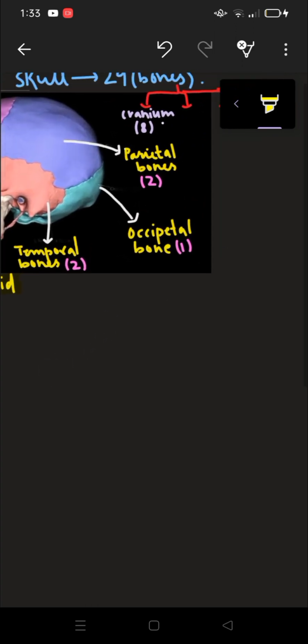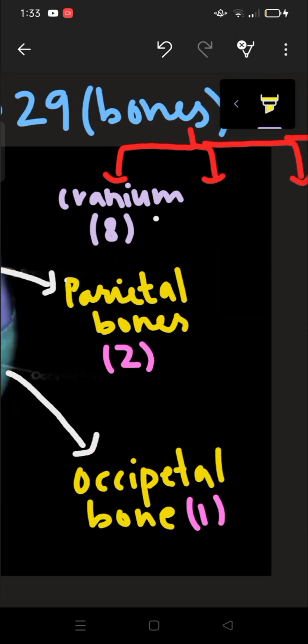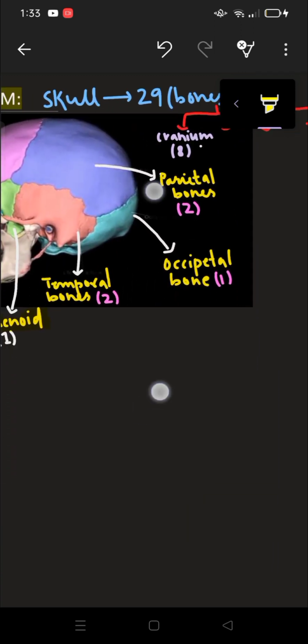So let me count those: 1 frontal, 2 parietal, 1 occipital, 2 temporal, 1 sphenoid and 1 ethmoid give us 8 bones. As we have written here, cranium has 8 bones, which are 1 frontal, 2 parietal, 1 occipital, 2 temporal, 1 sphenoid and 1 ethmoid.